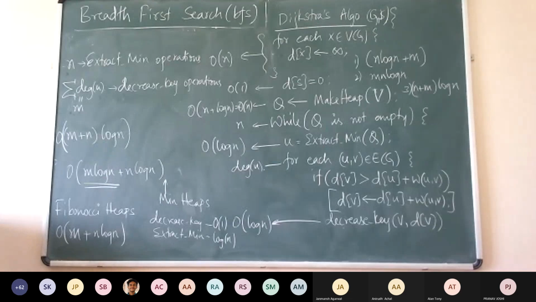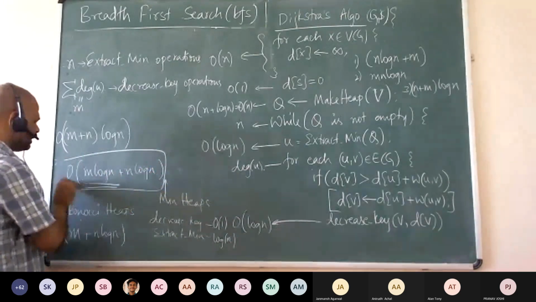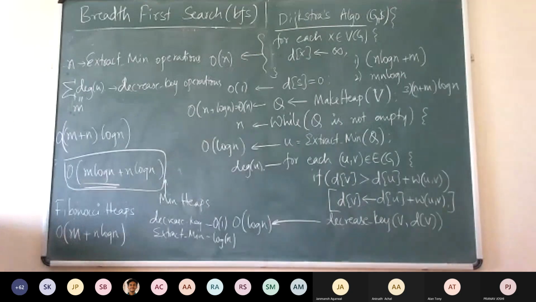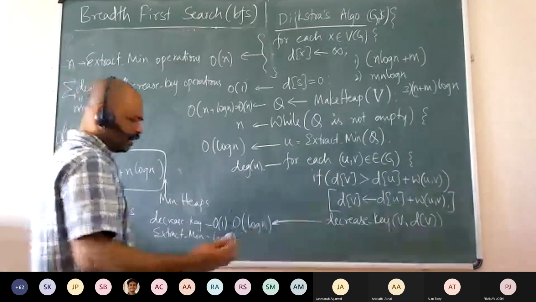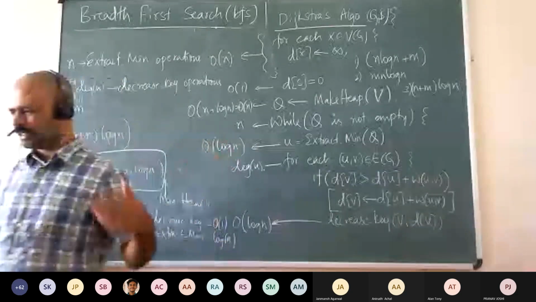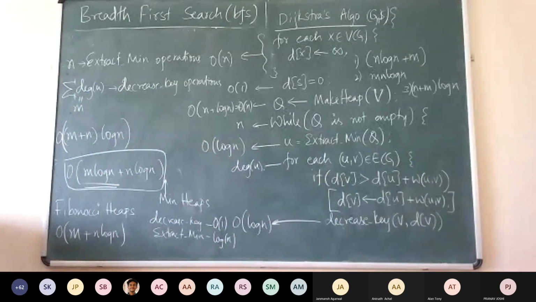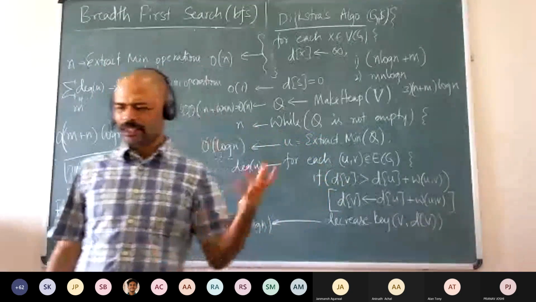So generally that is used, and this is the typical running time of Dijkstra's algorithm. Notice that this is one of the most used algorithms. Shortest paths are required in many applications, and most applications have weights too. Since they have positive weights, this is what is used.